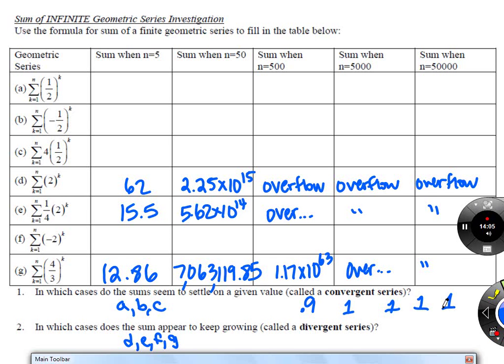Sometimes, right? What would be the condition that you would tell somebody? You can actually add up an infinite series if the series is geometric and if what? If it's convergent. And what did we say decides if it's convergent or not? Ashley? If the absolute value is... Good.